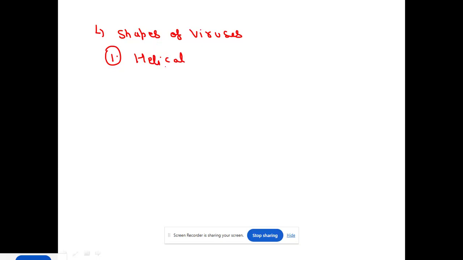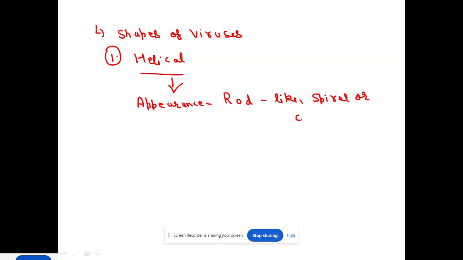Shapes of viruses. You make a flow chart. First one is the helical shaped. Its appearance can be rod like, spiral, or cylindrical.